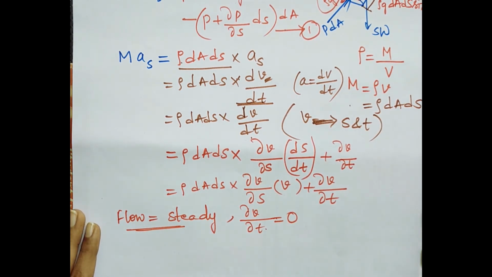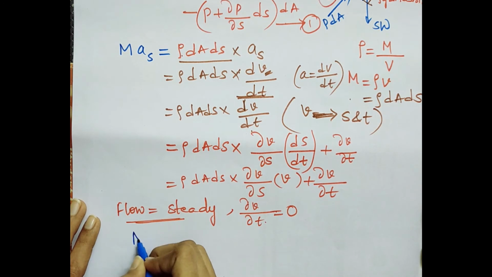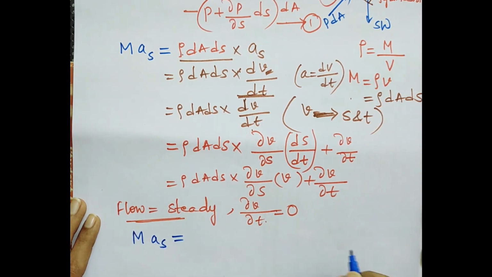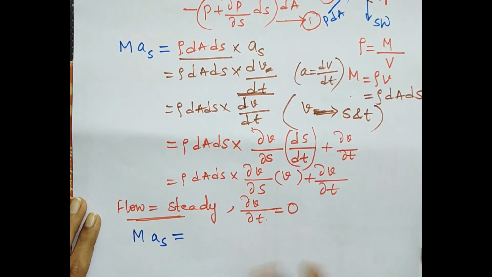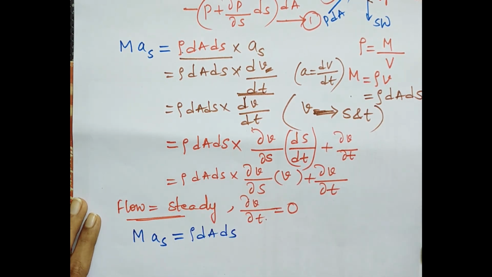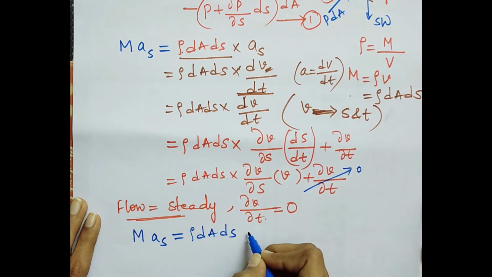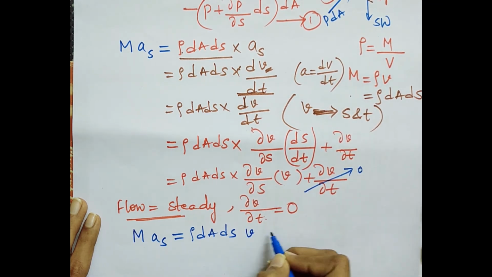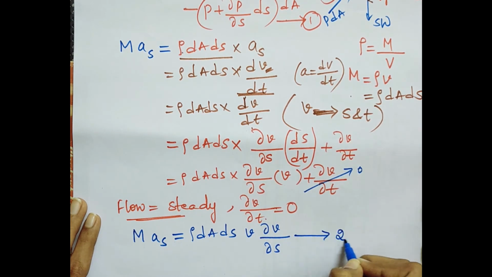If you substitute that, you will get mass into acceleration along the streamline as rho into dA into ds, and this term will become 0. So it is v into dou v by dou s. We will name this equation number 2.